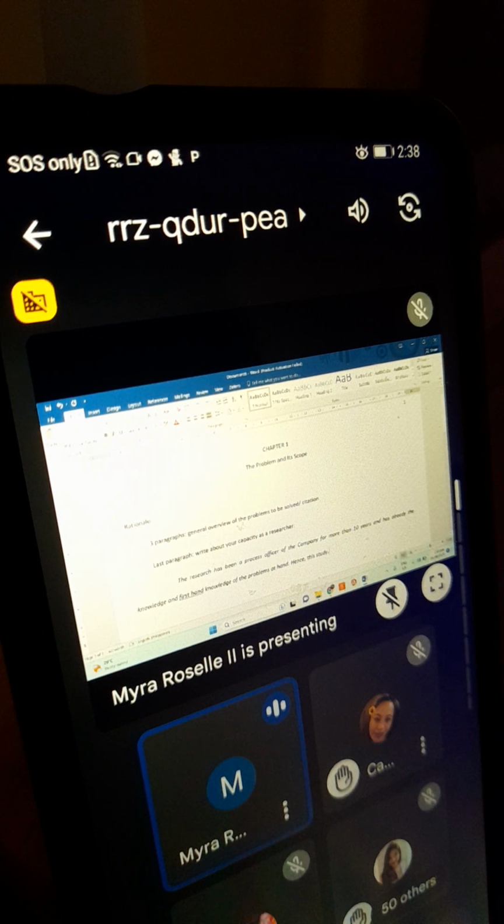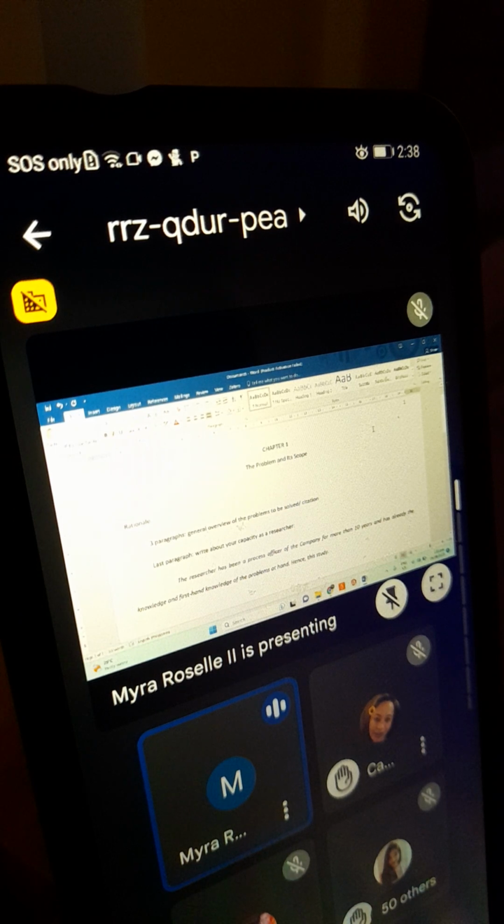For example: The researcher has been a process officer of a company for more than 10 years and has already the knowledge and first-hand information of the problems at hand, hence the study.